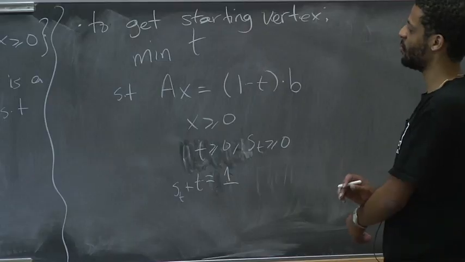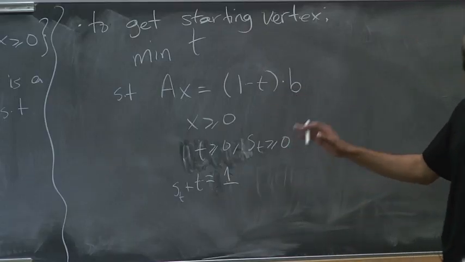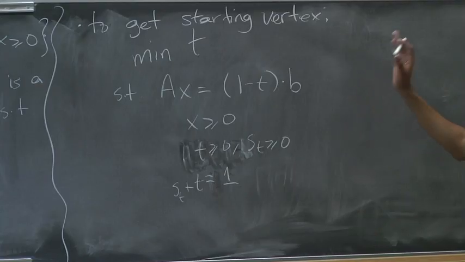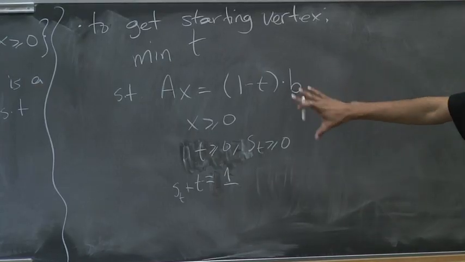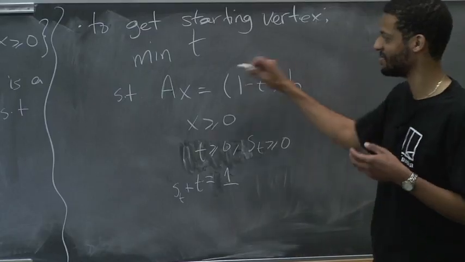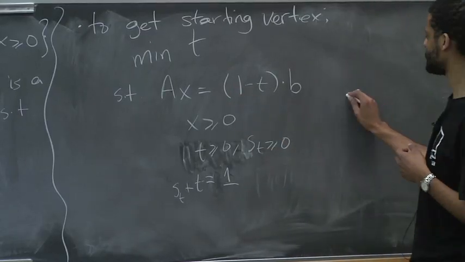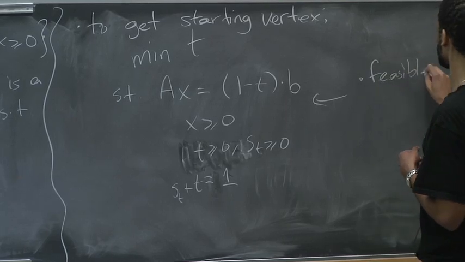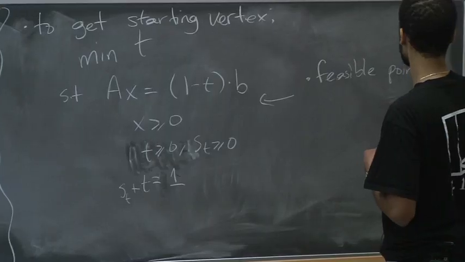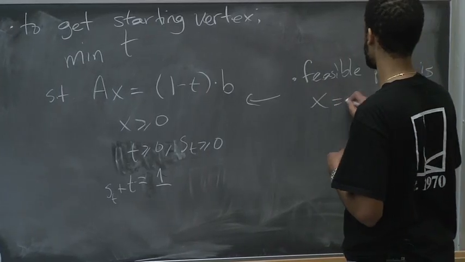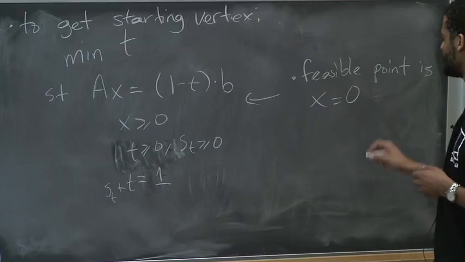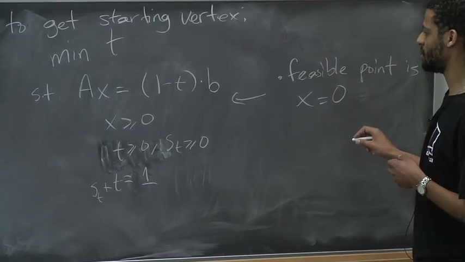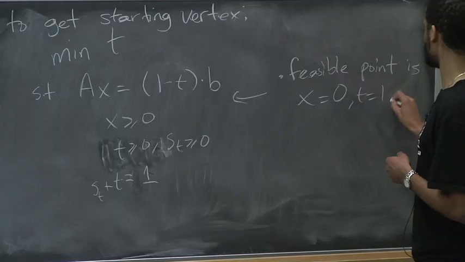So what's some vertex? Give me just any point or vertex that's feasible for these constraints. Yeah, x is 0, t is 1, s_t is 0.